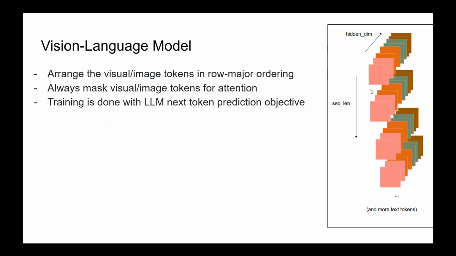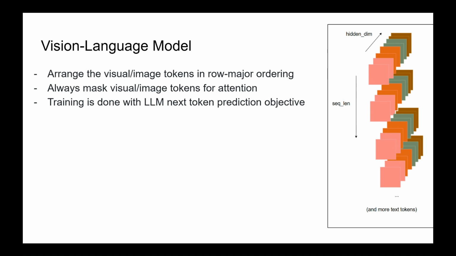Remember that in causal language modeling, you hide the next tokens because you don't want the model to autocomplete, assuming that it already knows what the sequence is going to be. But in this case, the visual or the image tokens will always be available for LLaMA for its own attention calculation.